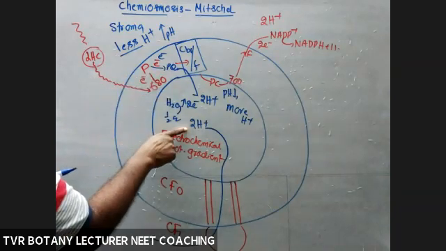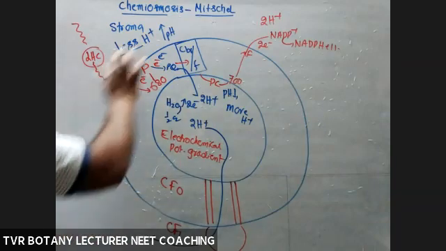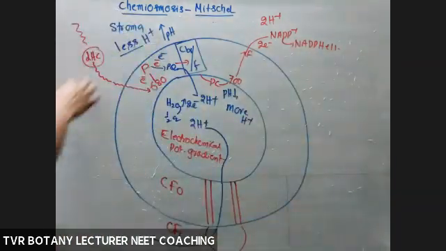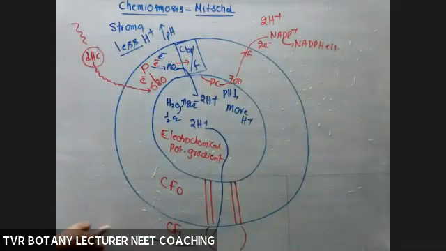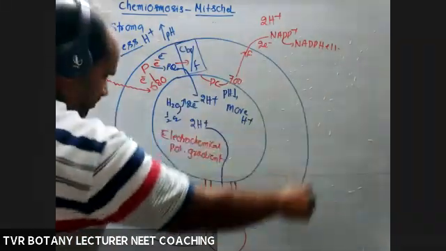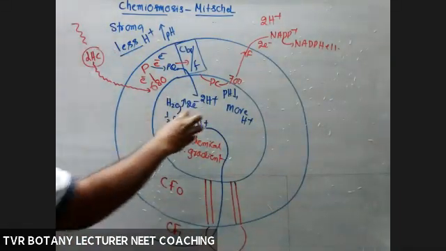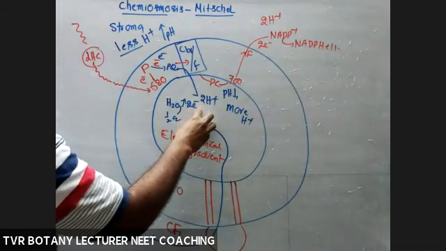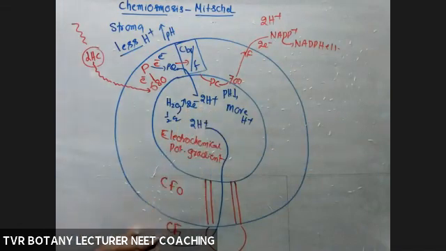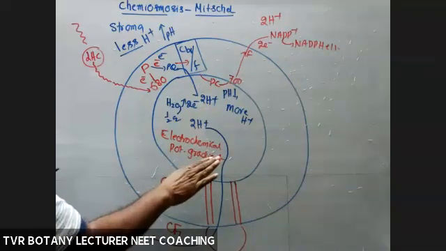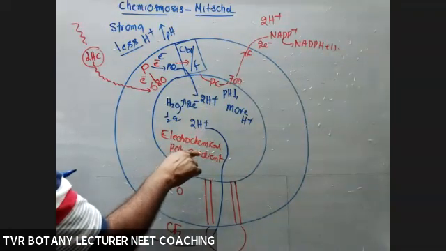So more number of protons, less number of protons. This is the stroma part around the thylakoid. Stroma part or not? So this part is exposed to stroma. So now protons are transported from more to less. Here energy is not required for transportation of protons.